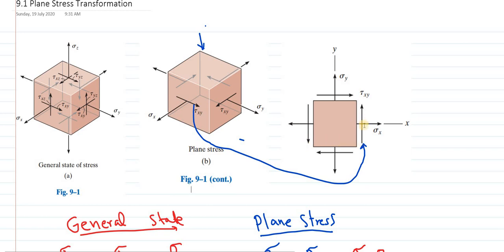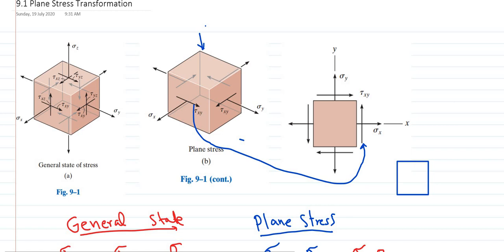Now once you have established these two directions, let me show you on a separate figure. If you know this tau xy, then of course the rest, let me change the color for this.